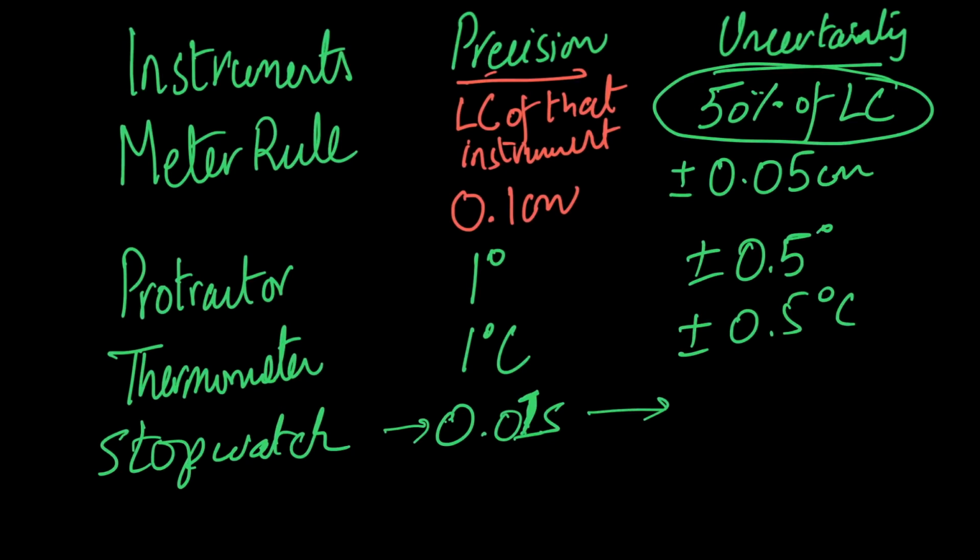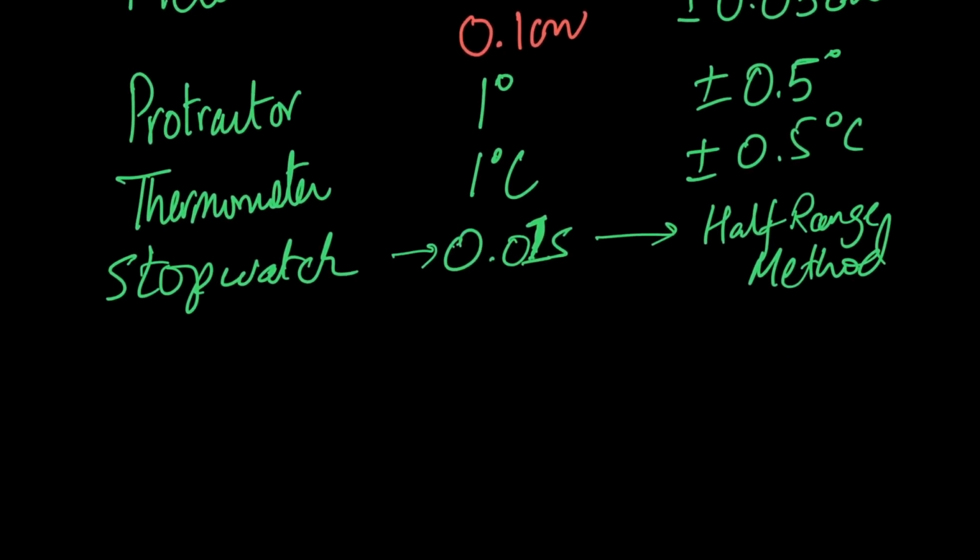The reason is it's a digital instrument. So what do you do? You use something which we call the half range method. And half range method, we will definitely discuss later when I discuss how to do the lab. But for now, I'm just telling you that you will be using the half range method to calculate the uncertainty and no other method. Great. Moving on.